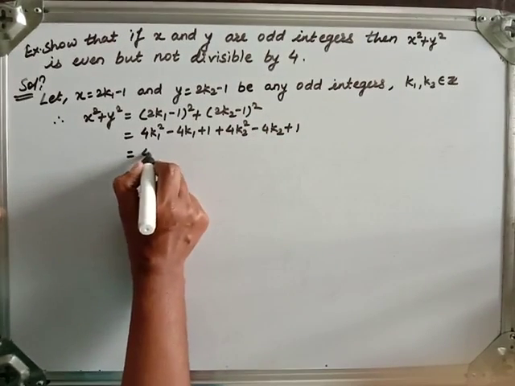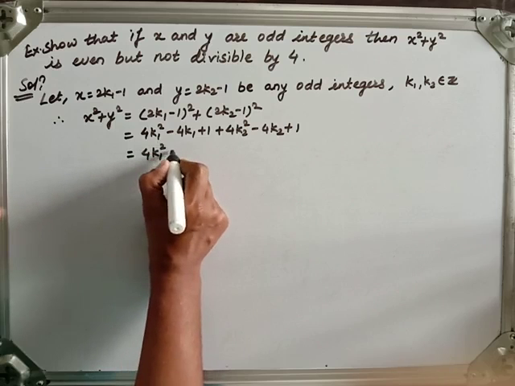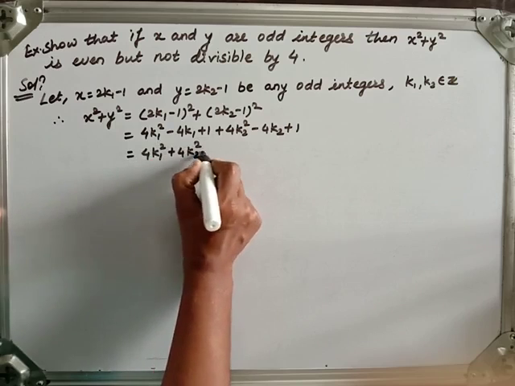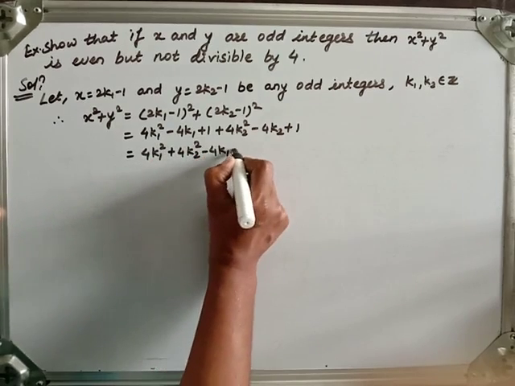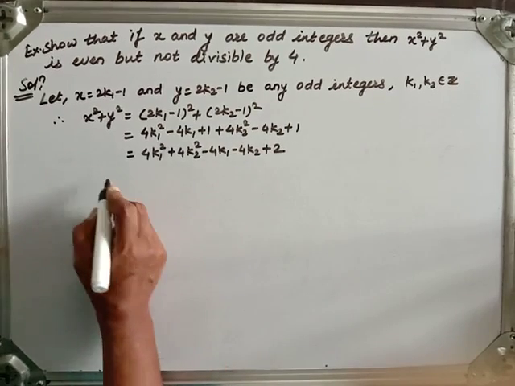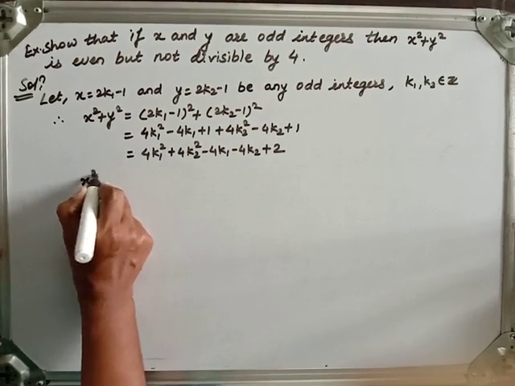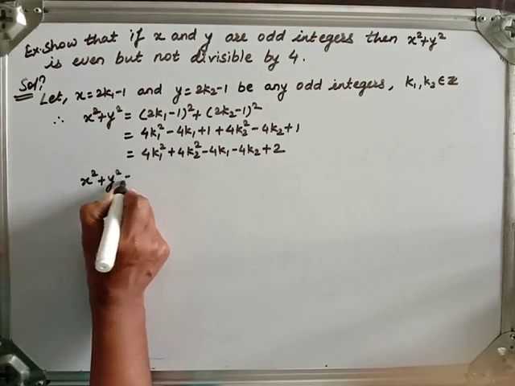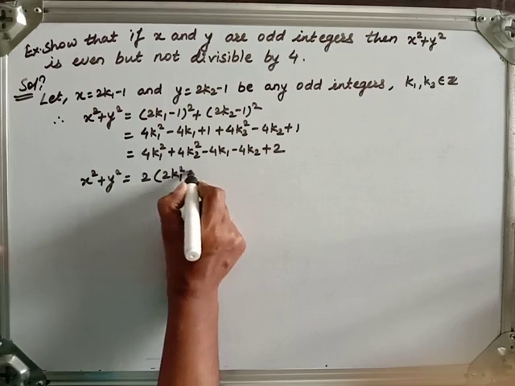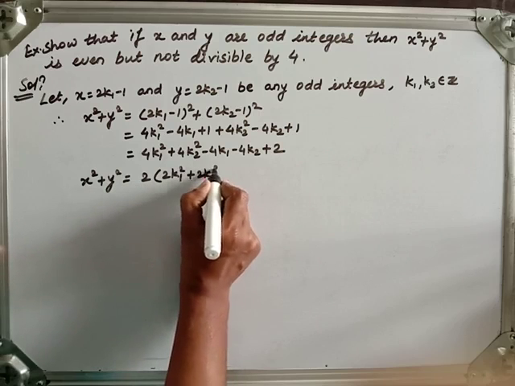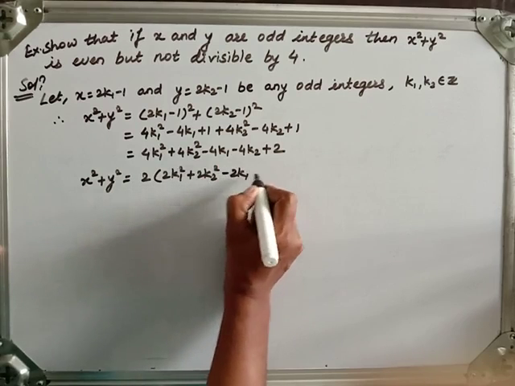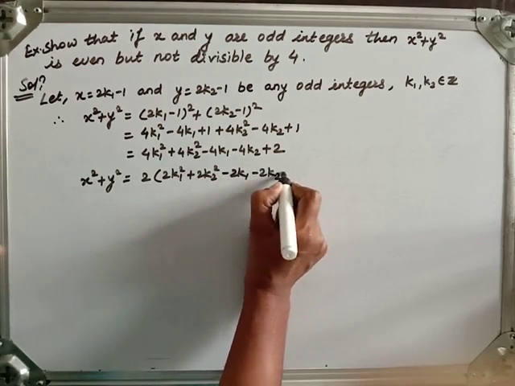That is the same as 4k1 square plus 4k2 square minus 4k1 minus 4k2 plus 2. So X square plus Y square is 2 into (2k1 square plus 2k2 square minus 2k1 minus 2k2 plus 1).